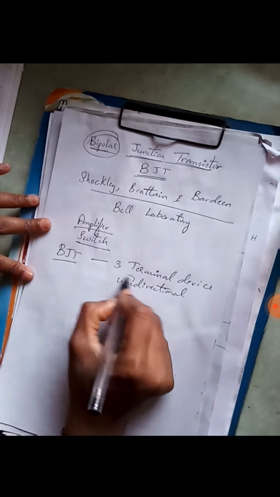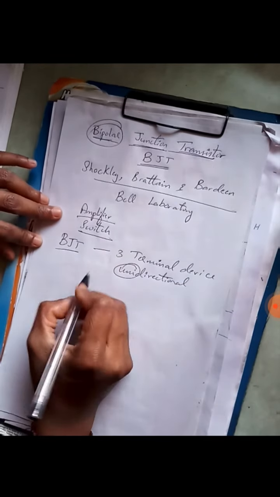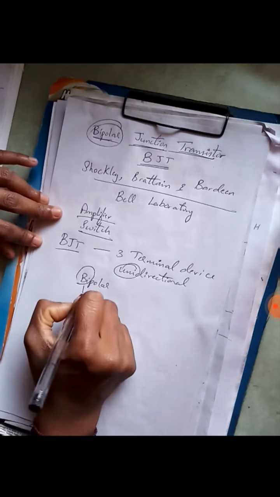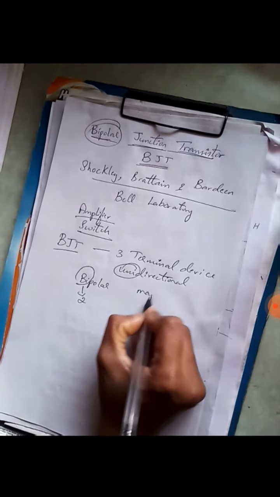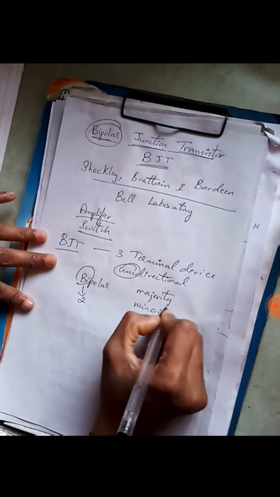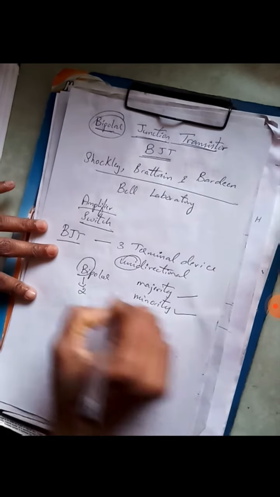So the current conducts in only one direction. And why the name bipolar? Here bi stands for two. So bipolar means both the majority charge carriers and the minority charge carriers. The current conduction in this transistor is because of both the majority charge carriers and the minority charge carriers.